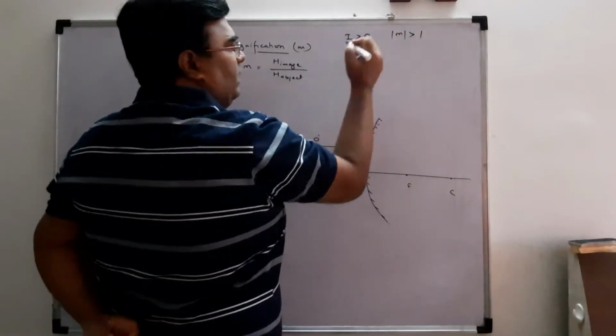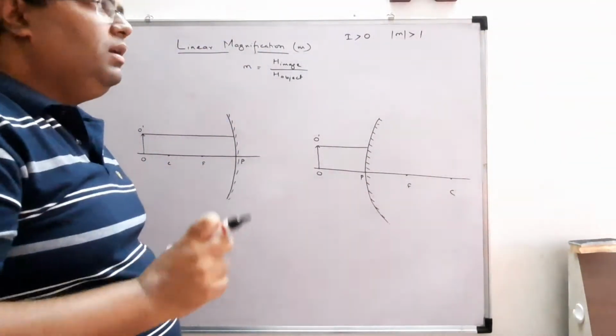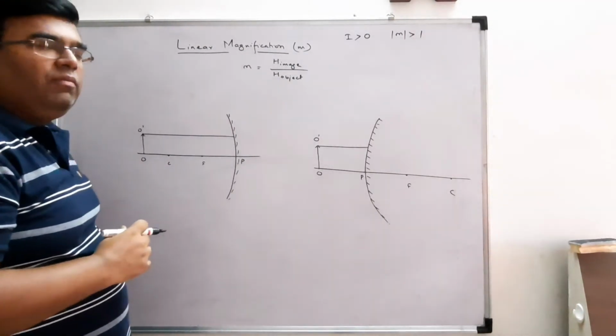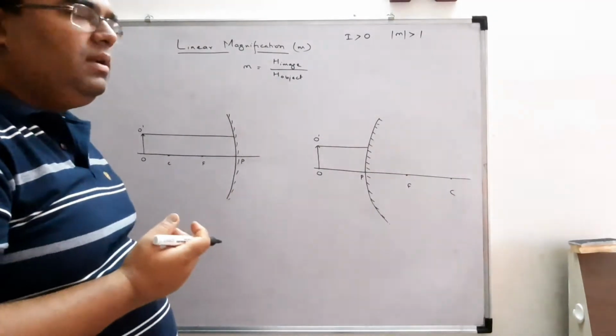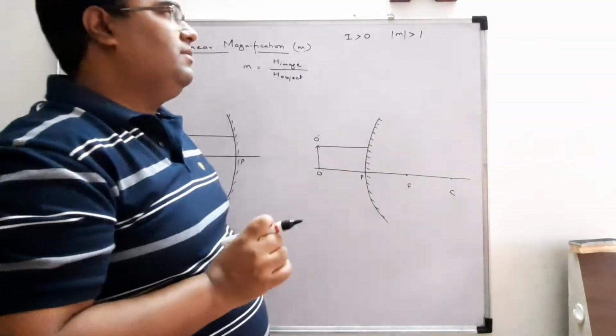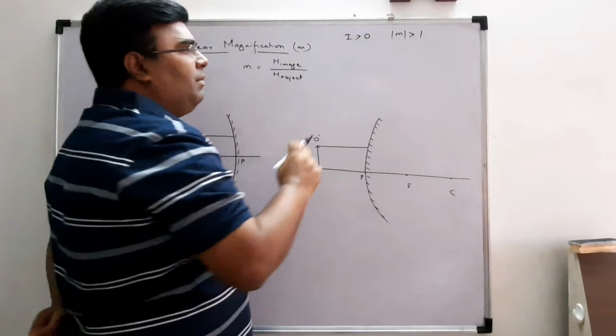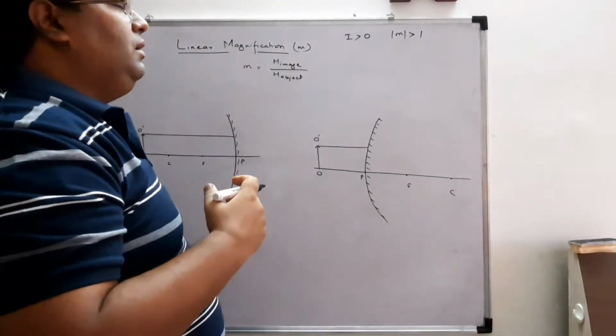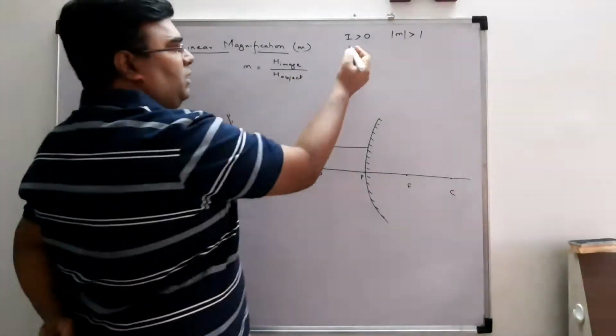Let's take it mod M. What is mod M? Only positive values. There will be some cases where you will get M as negative, right? But don't take that negative sign, only take the positive sign. So if mod M is greater than 1, it shows that the image is larger than the object.